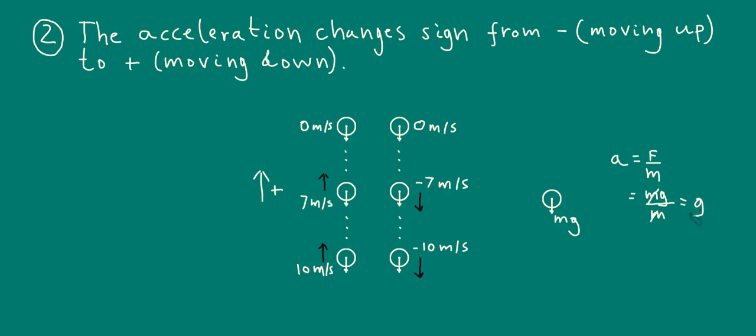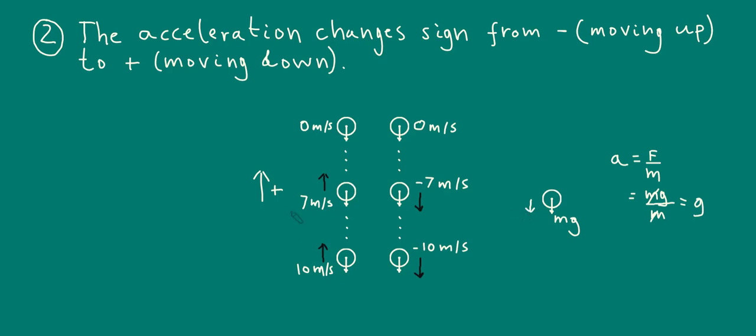Now, strictly speaking, this is just the magnitude of the acceleration. Remember, acceleration is a vector quantity. And since acceleration and force are proportional to each other, whatever the direction of the resultant force, which is just the weight here, that's also going to be the direction of the acceleration. So the acceleration of the ball here is constant and pointing downwards.